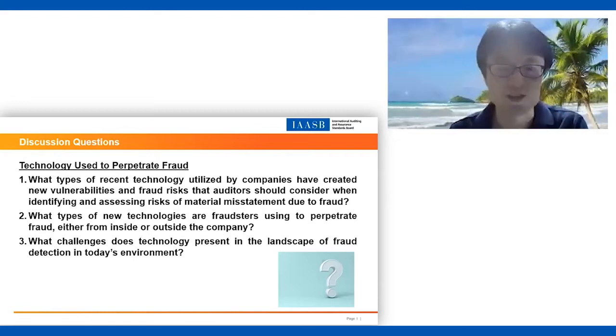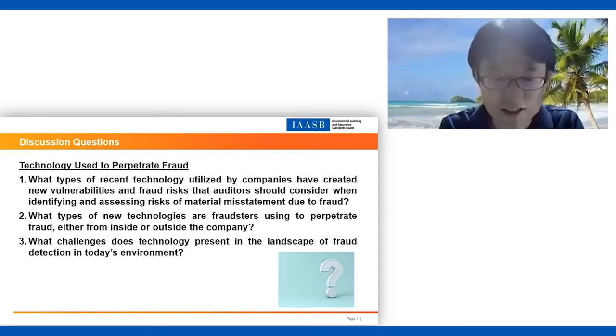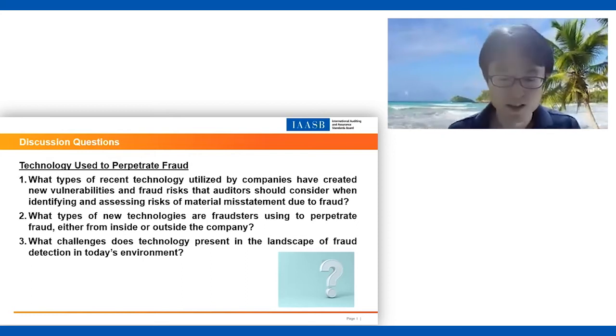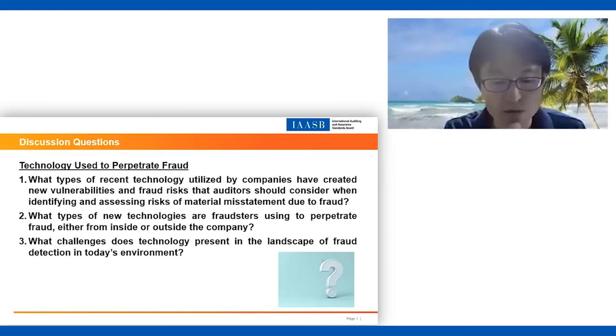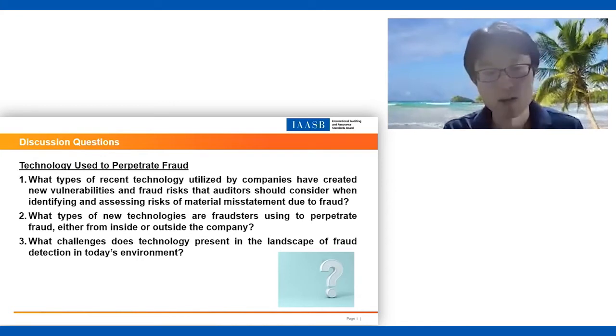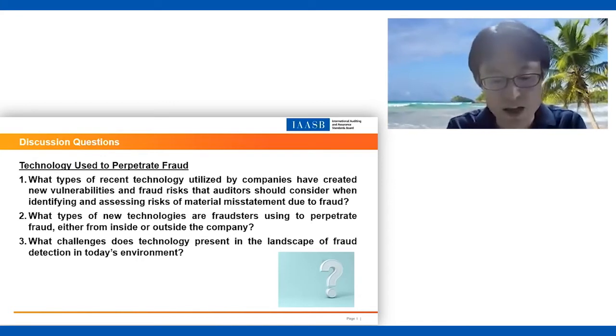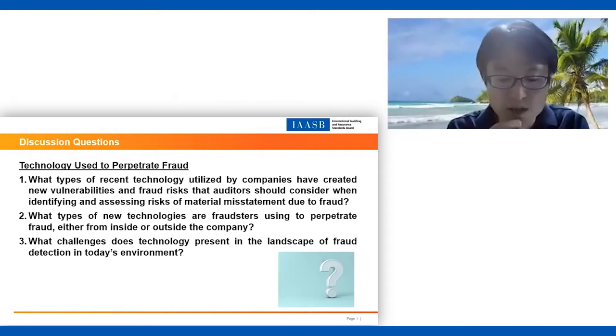Okay. Yeah, thank you. So I'm going to volunteer the first person to speak. When it comes to the technology used to perpetrate the fraud, I think there are some cases where fraudsters can take advantage of the changes in the technologies used in the entity. For example, the companies start using optimization or prediction techniques for the accounting estimates.